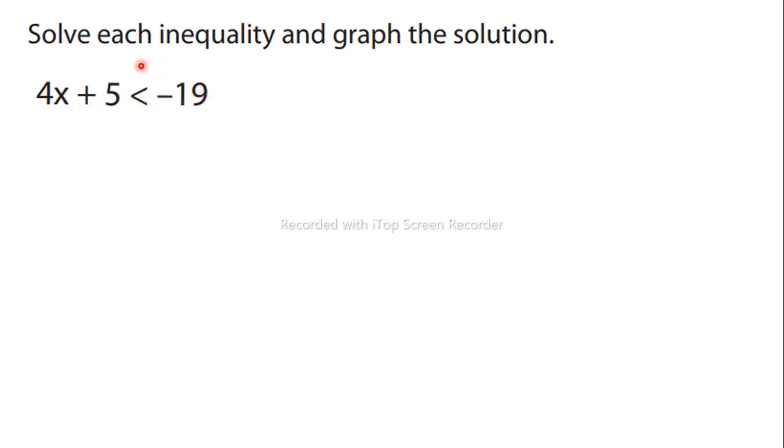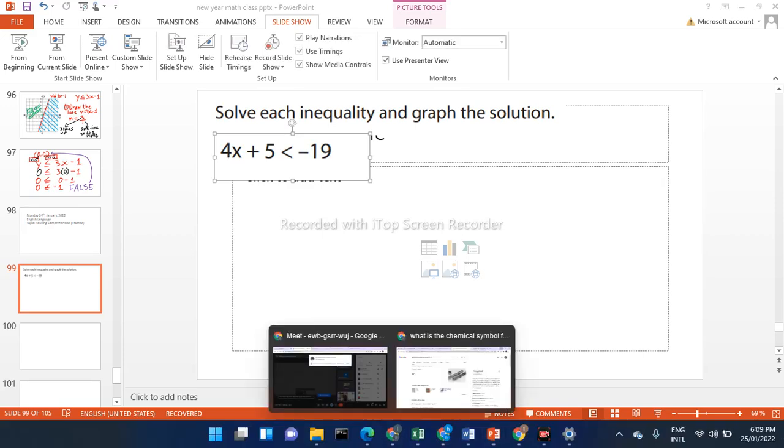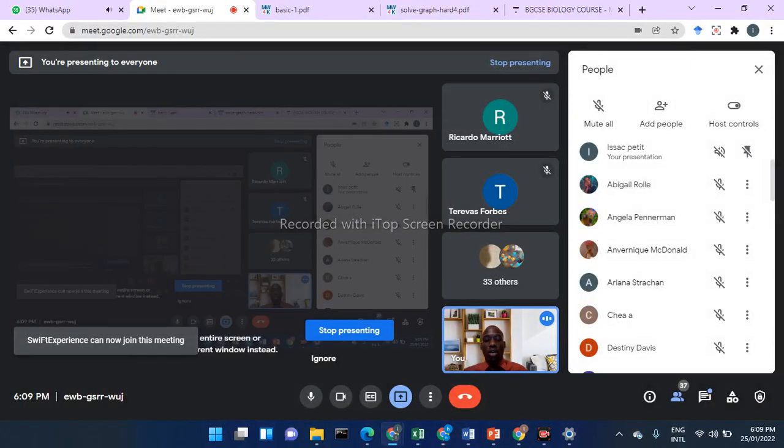And we're going to solve this inequality such that we have only x on one side, and on the other side we have the numbers. So that's the first step. The first step really is to make sure that we isolate x. We make sure that only x is on one side and everything else is on the other side. So that's what we have to do. All right, so let's begin.